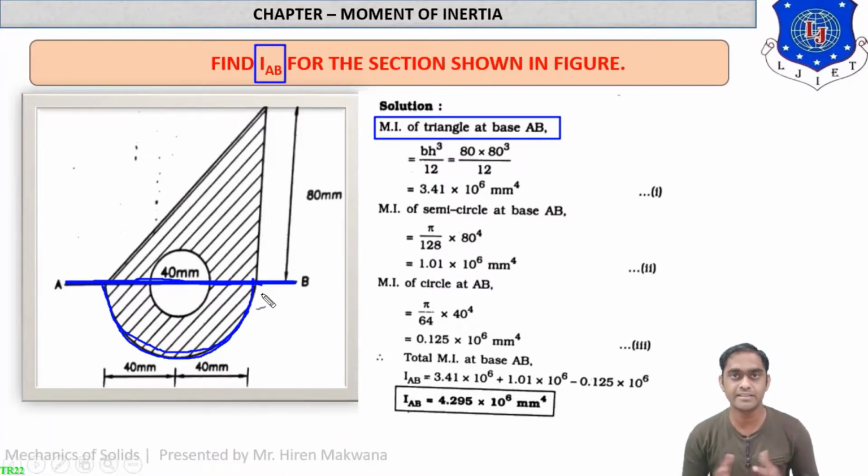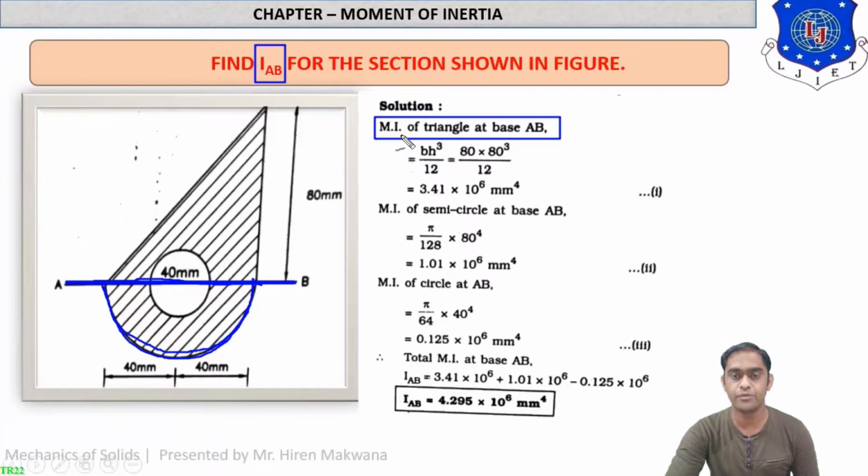So when the given axis AB is the base of the triangle, centroid of the circle, base of the semicircle, then we will use direct formulas. We will not use parallel axis theorem in this case. So we will use direct formula about the bases.